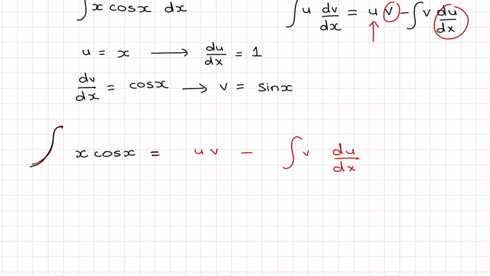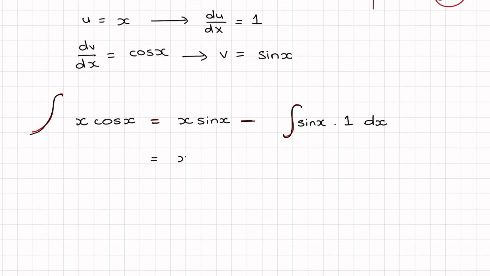This is equal to u times v. u is x, v is sine x, minus v, which is sine x, times du by dx, which is just 1. And we're integrating with respect to x.